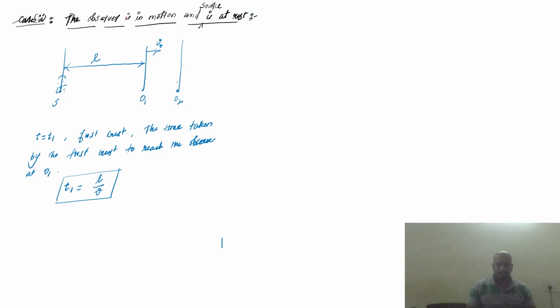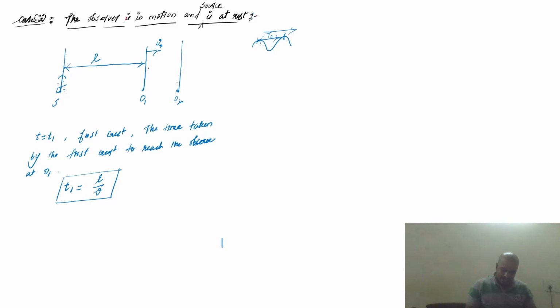During this time period, the source is emitting the second crest. This is the first crest, this is the second crest. Now this wave is traveling, the duration between these two crests in the time domain is t naught. That is the original period of the wave.